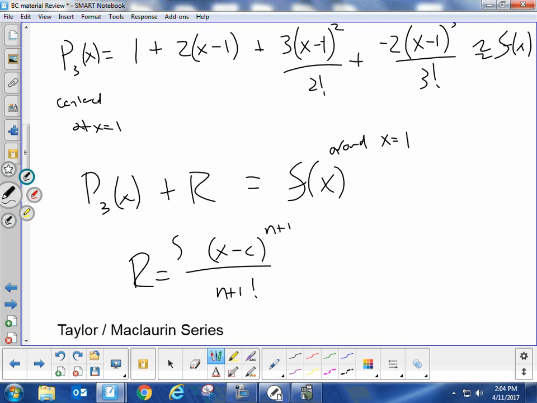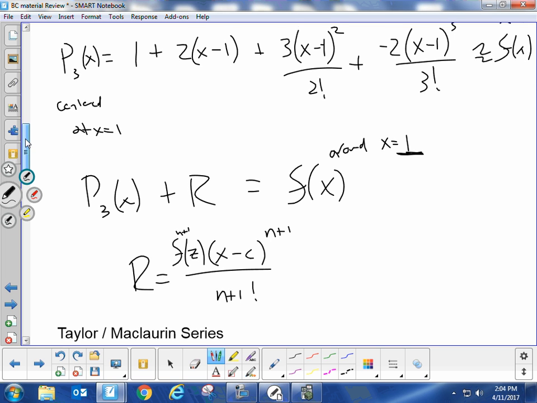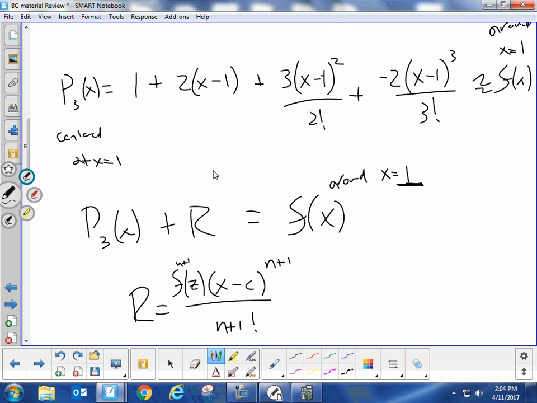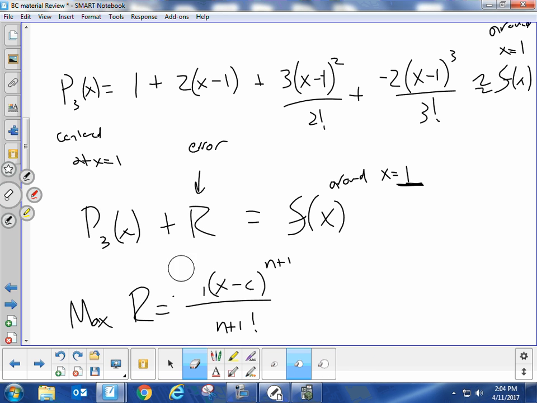And he found that the next derivative had to be evaluated at some special value between what you have and what you're trying to approximate. And this would be r. Now, this is fascinating because to find the max distance, we would call this our error. To find the max error, we would just find the max derivative of this term.